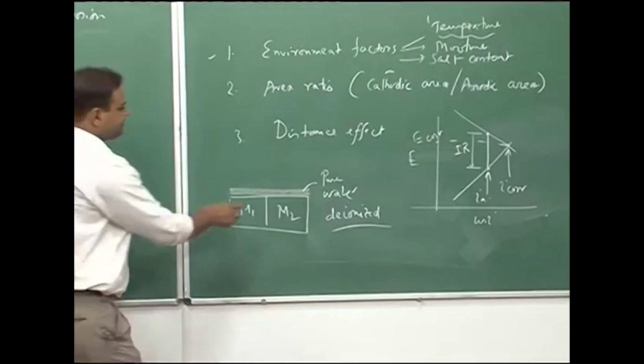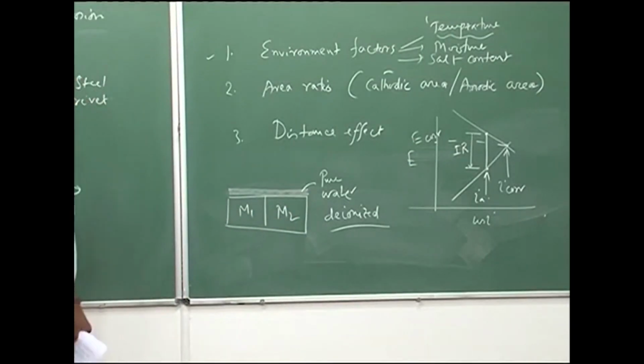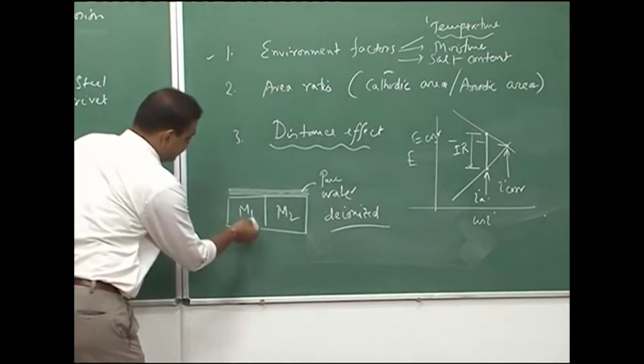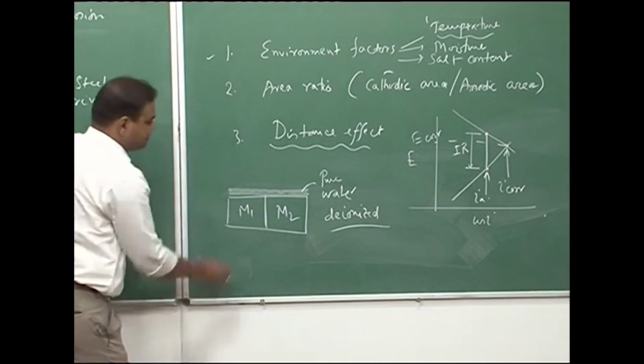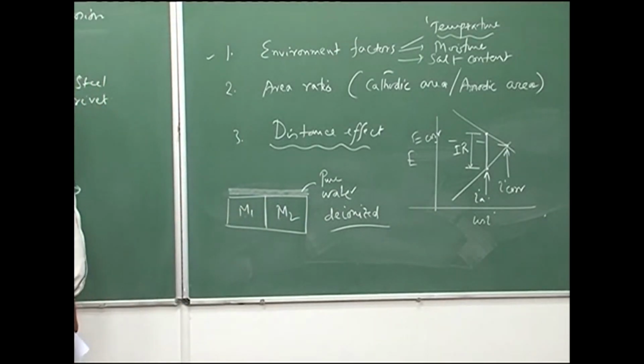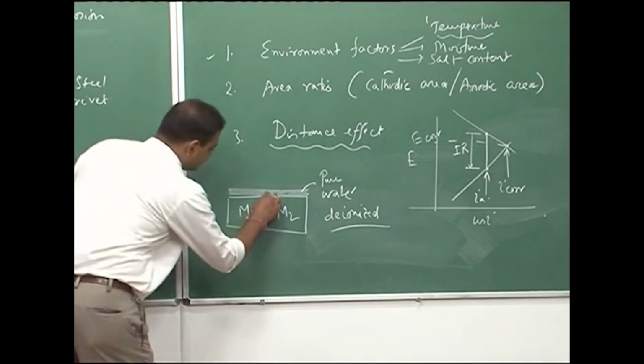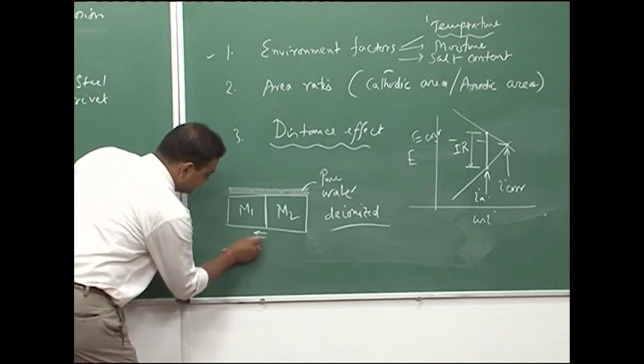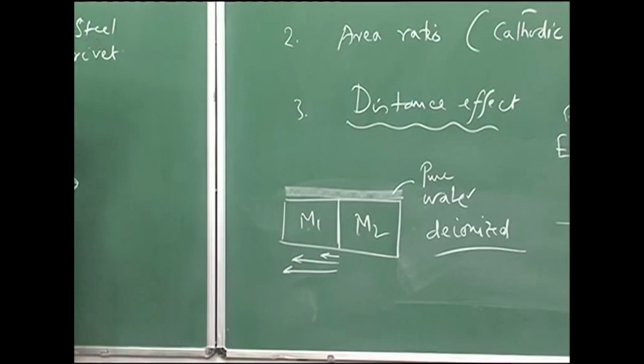Now, in this case another situation can arise, that is the distance effect. Let us say this is the contact point between M1 and M2 metal. The actual galvanic coupling is here. Now, as you go away from this, what happens? The ions have to move a longer distance.